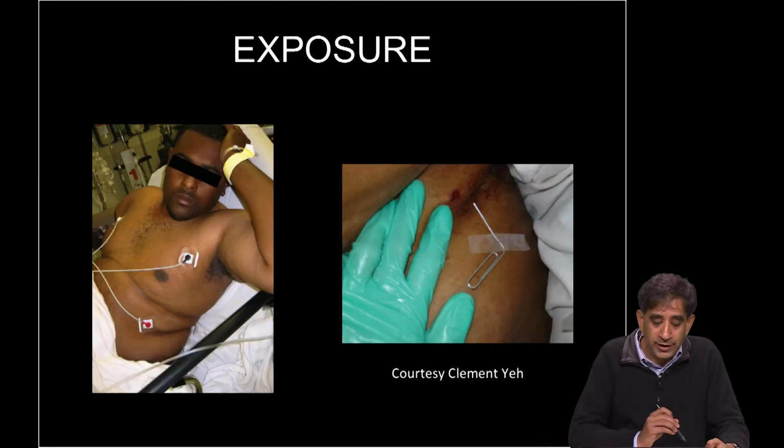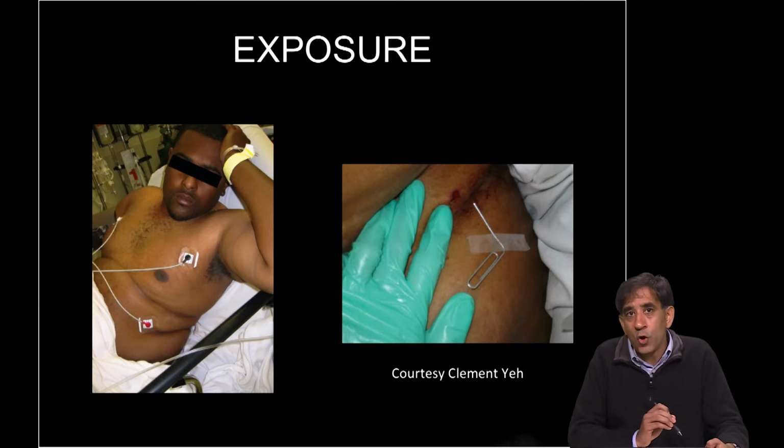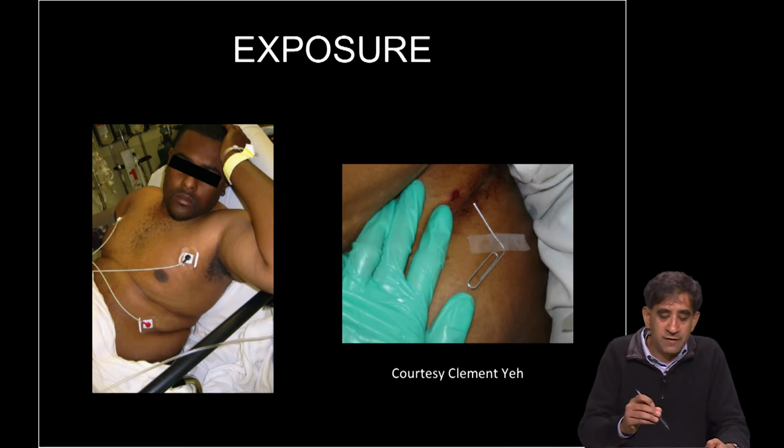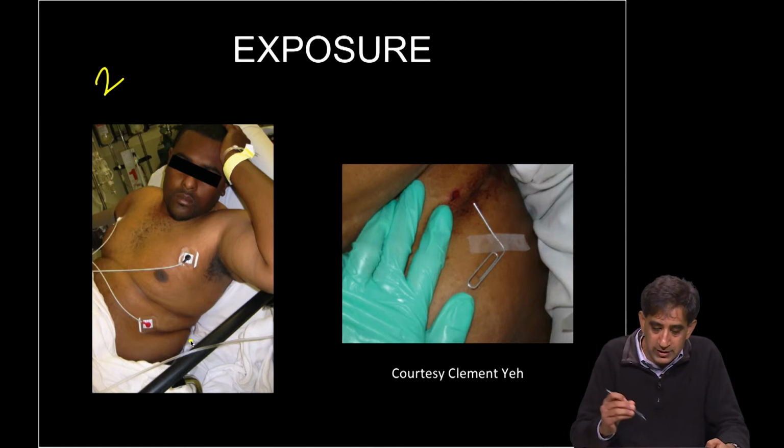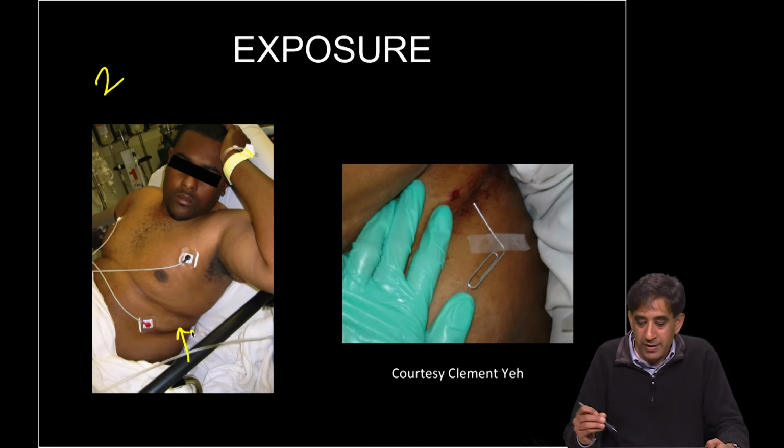And here's a case in point of a gentleman who heard 3 gunshots, and when doctors evaluated the patient, they found 2 gunshots, but couldn't find a third and assumed that it had missed the patient. But as the patient began to crash and they did a thorough evaluation, what they did is they looked underneath this pannus.